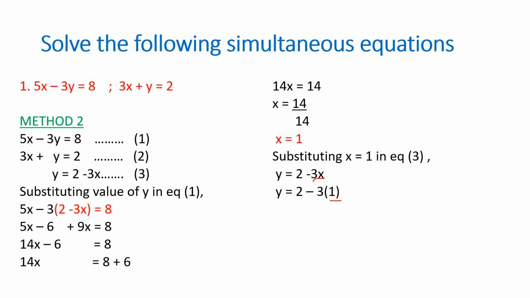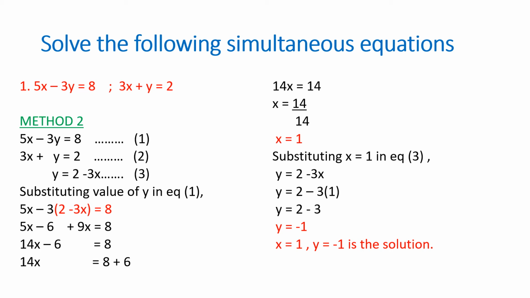Then open the brackets. y is equal to 2 minus 3, which will be minus 1. Hence x is equal to 1 and y is equal to minus 1 is the solution.